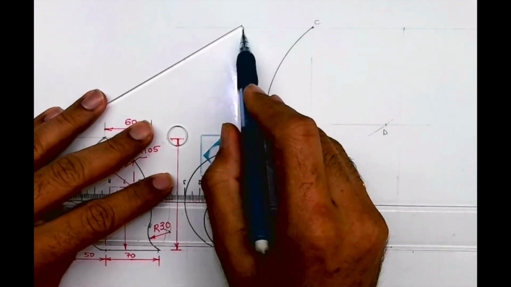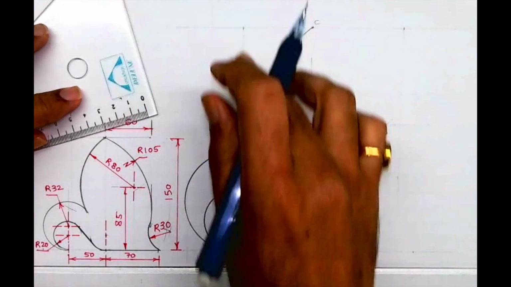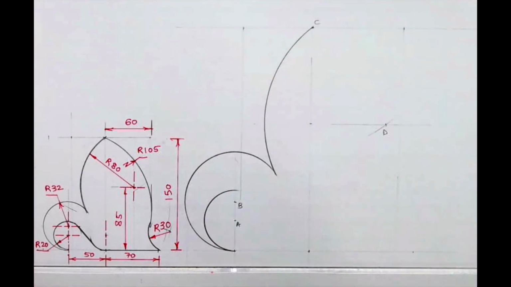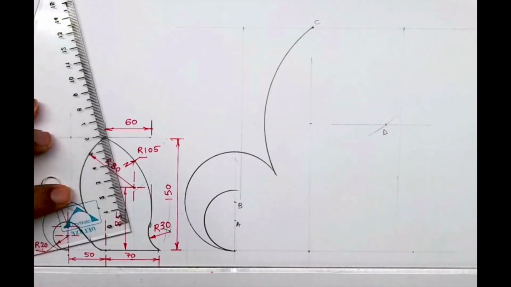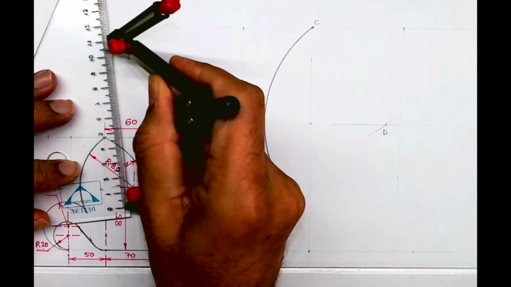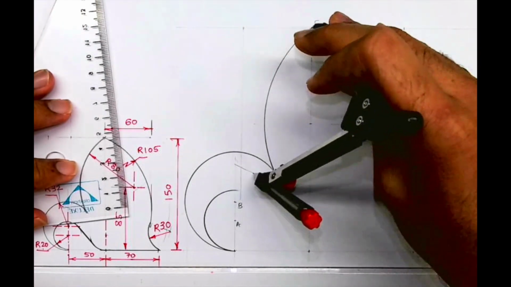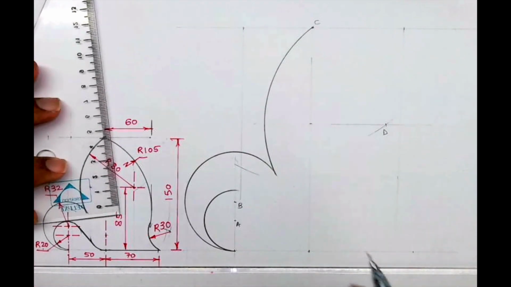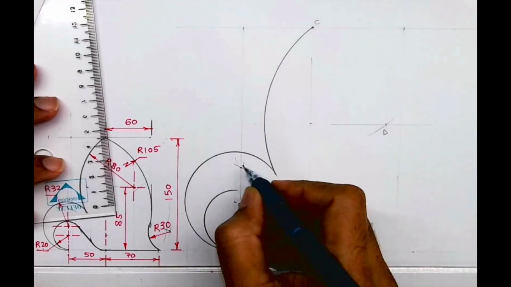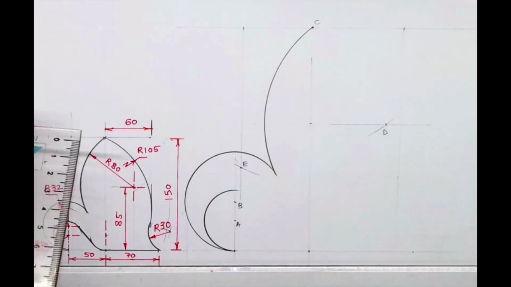So I need to take 105 and I need to draw one vertical line, and from point C I need to cut 105. So wherever it will get cut, that is point E, and from E we'll cut 105.